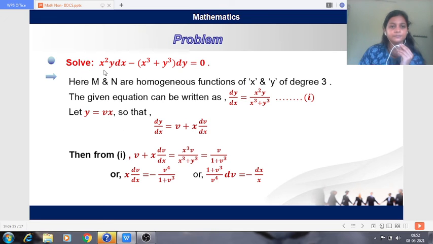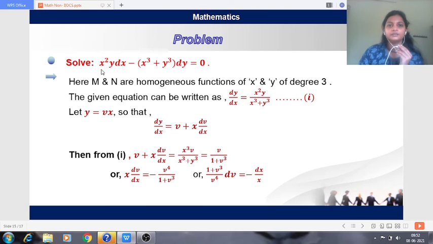Here, solve x² y dx minus (x³ plus y³) dy equals 0. We compare this equation with M dx plus N dy equals 0.